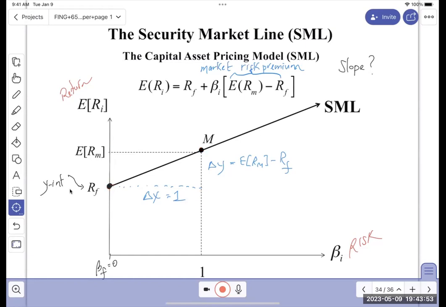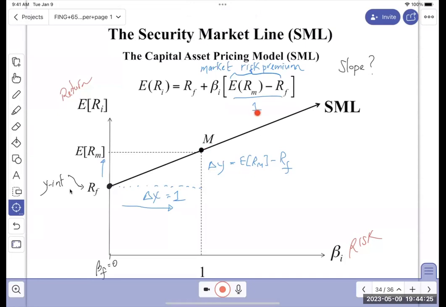And I move how much up? ERM minus RF. Yes, the market risk premium. Excellent. By name, Luis. Very good. So the market risk premium over 1 is the slope. So there's a 1 in there somehow.